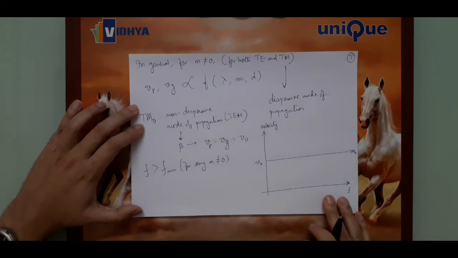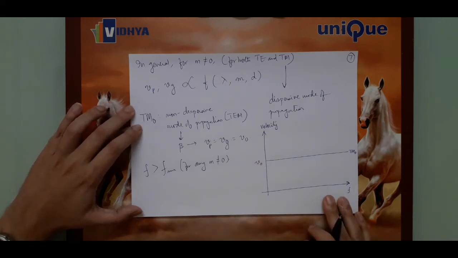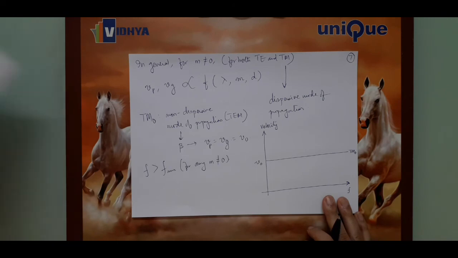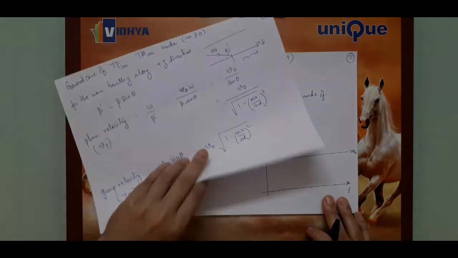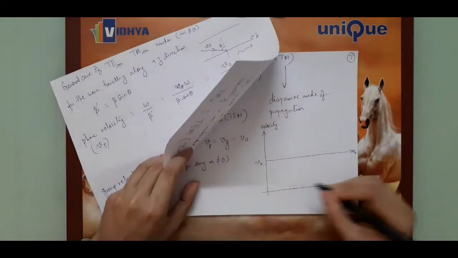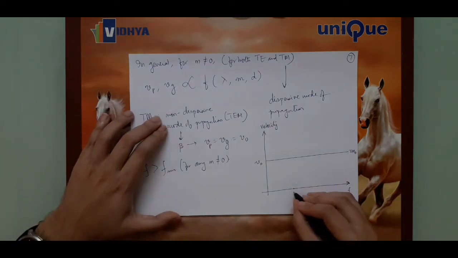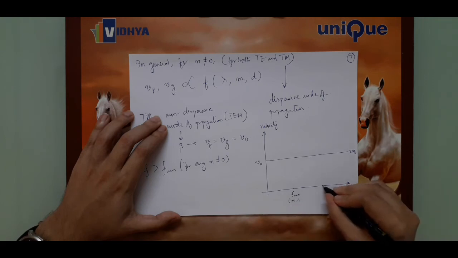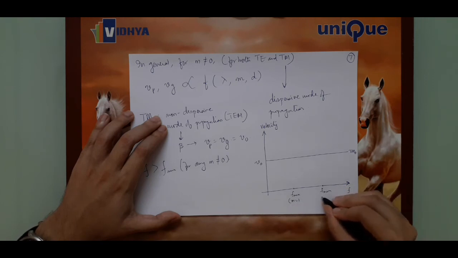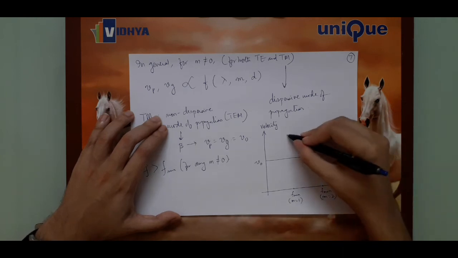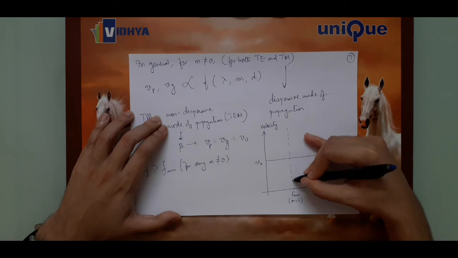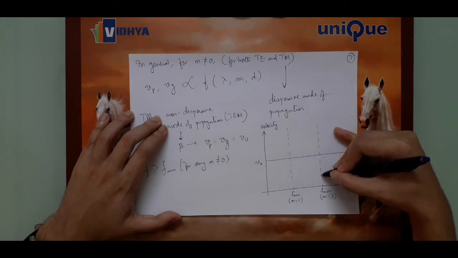This is what we mean. So you can very easily prove that, let us say I put some frequency here. Let me call this f min for m equal to 1. Let me call this f min for m equal to 2, and let us see what happens in these two cases.